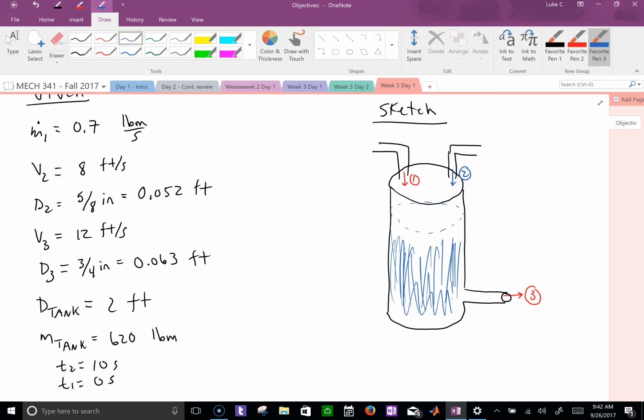Right now it's just different. We could do that, but then it's a little bit of thermal, and I'm not going to do that. So the dotted line represents the water level in the tank.